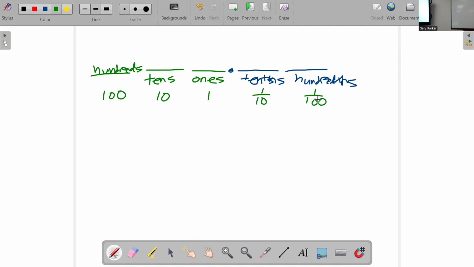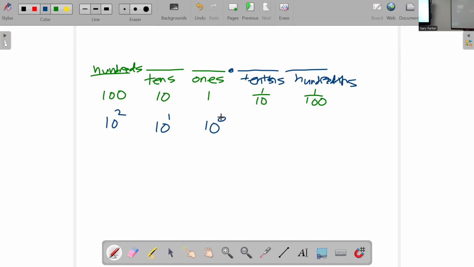And last term, we also went over using exponents to do this. So for example, 100 is 10 to the second, 10 is 10 to the first, 1 is 10 to the... no, 10 to the 0. Does the 0 make it 1?